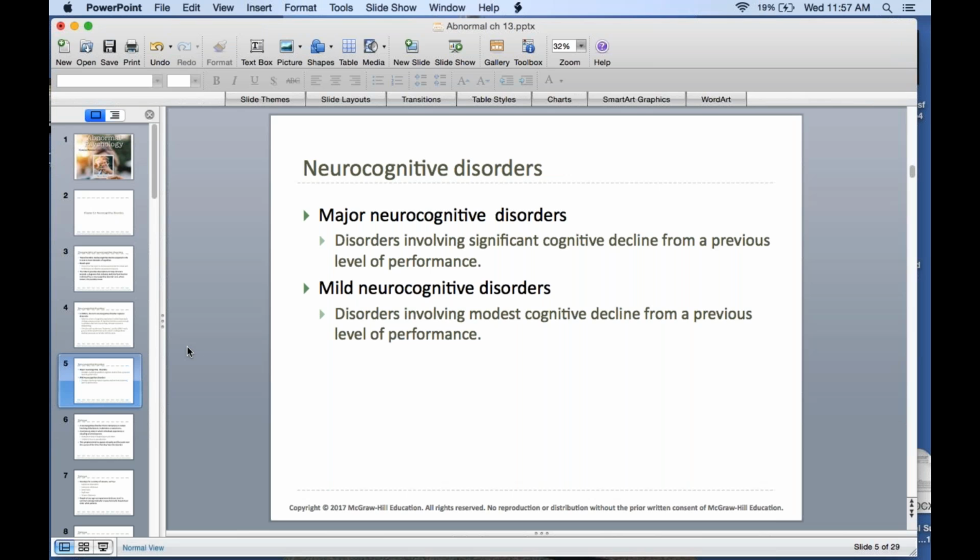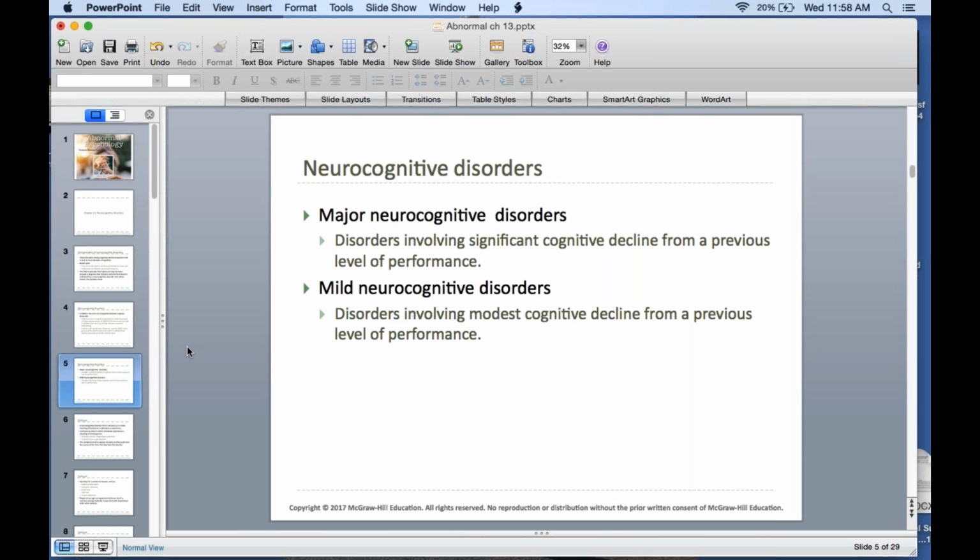Now, when we look at neurocognitive disorders, this is how you diagnose. You diagnose either a major neurocognitive disorder or a minor neurocognitive disorder. You'll want to know that for your exam, the difference between the diagnosis of a major neurocognitive disorder and the diagnosis of a mild neurocognitive disorder. Here's the big difference. A major neurocognitive disorder involves significant cognitive decline from a previous level of performance.